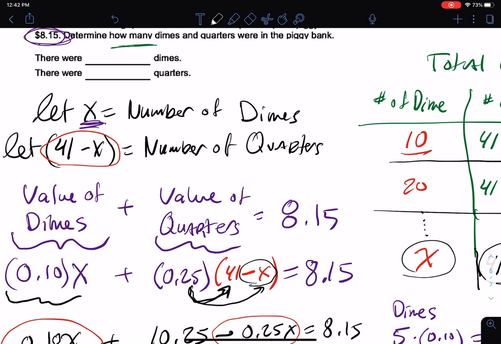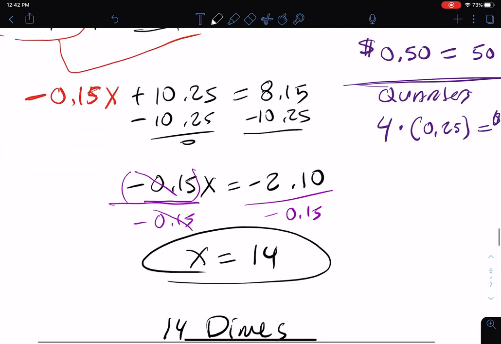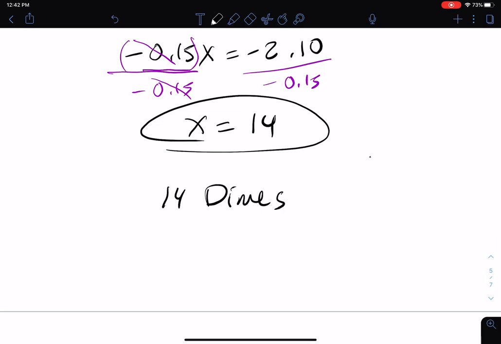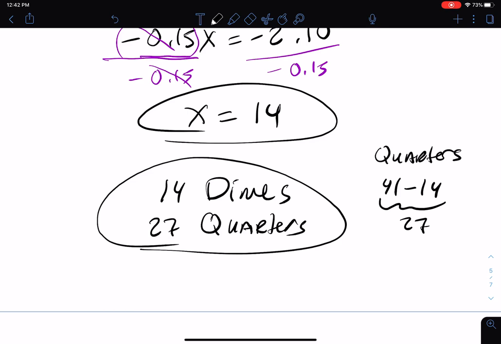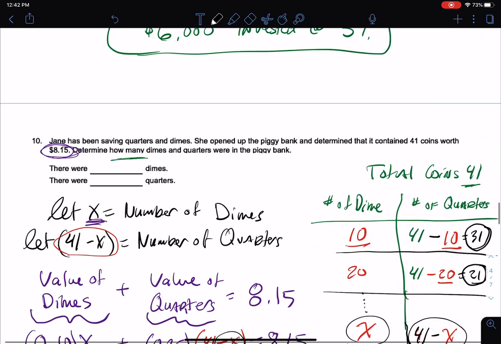It's going to be 41 total coins minus the 14 dimes. 41 minus 14 gives us 27. So that would be 27 quarters. So we go back to the original problem, and what was the answer? Go ahead and put it in. 14 dimes, 27 quarters.